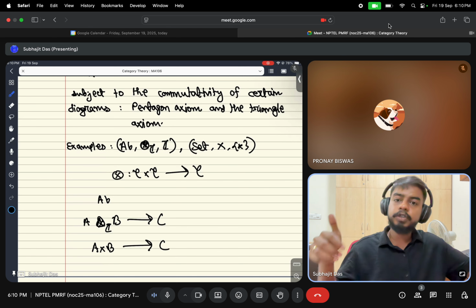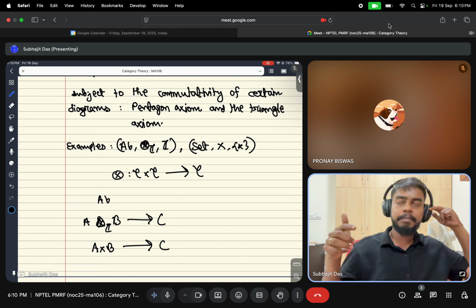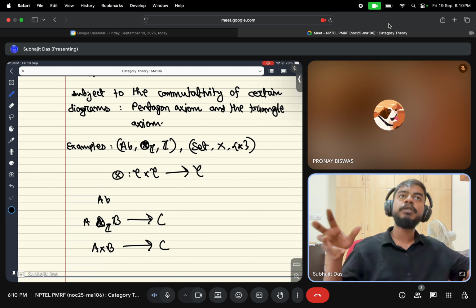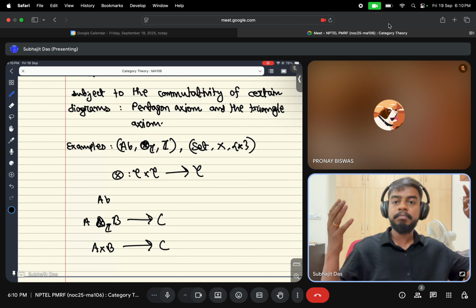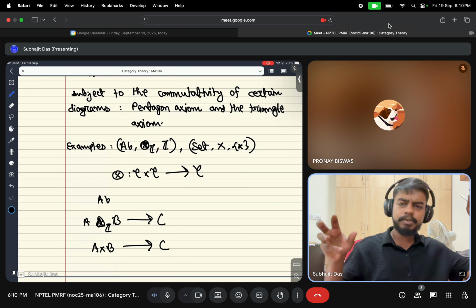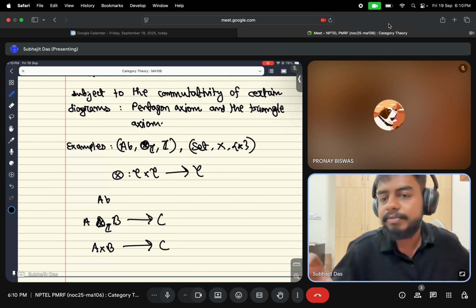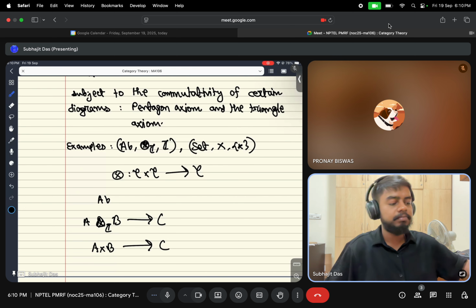So the notion of a monoidal category was meant to be an abstraction of the same thing, an abstraction of the category of abelian groups, or more generally the category of R-modules, which is why people have used this notation.